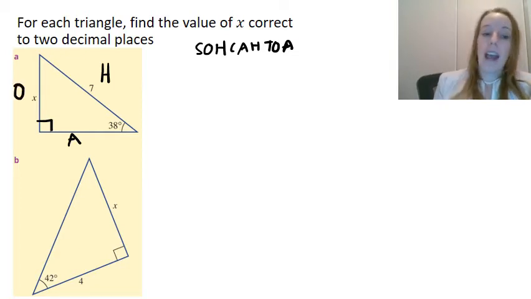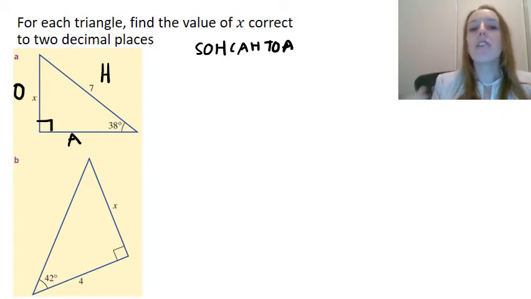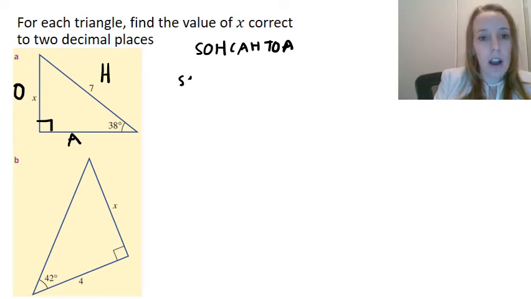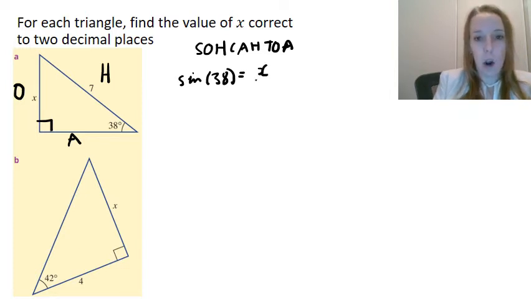So we've got x here, we've got 7, and we've got an angle. So we're dealing with the opposite side and the hypotenuse, so we know we're using sine. So sine of our angle 38, so sine 38 is x over 7.